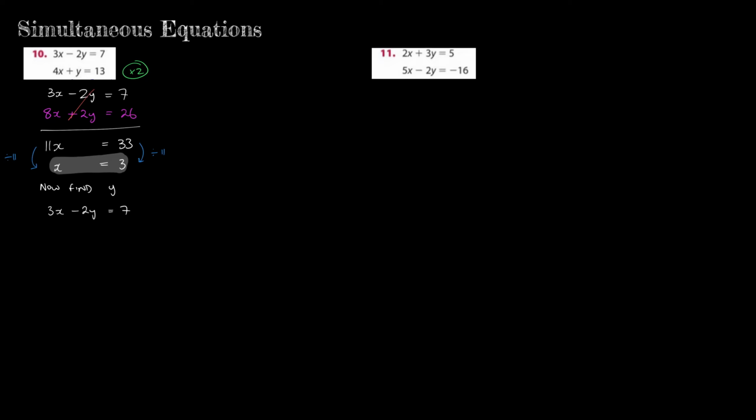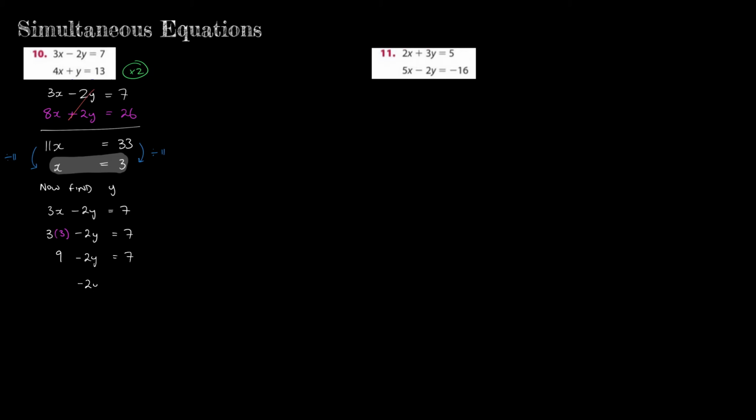And what I'm going to do is, instead of x, I'm going to put in 3. So let's do that. 3 times 3, minus 2y equals 7. 3 times 3 gives us 9, minus 2y equals 7.